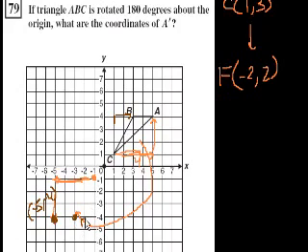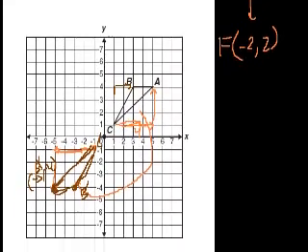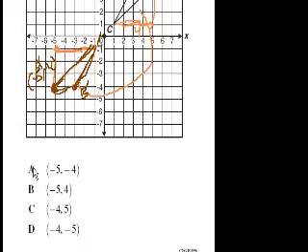It'd be there. So that's the new B, and that looks right. That's what the triangle is going to look like. This is B prime, this is A prime, this is C prime. This is the new triangle when you rotate it 180 degrees. That was a challenging visualization problem, but the key thing is just to keep visualizing going around 180 degrees. So -5, comma -4, that's choice A for A prime.